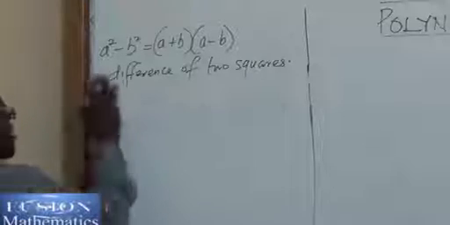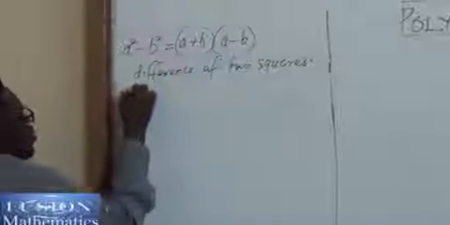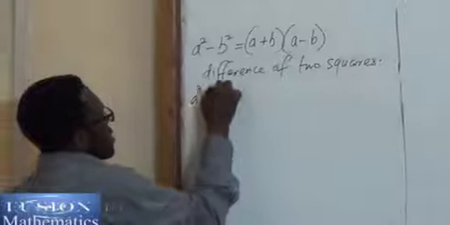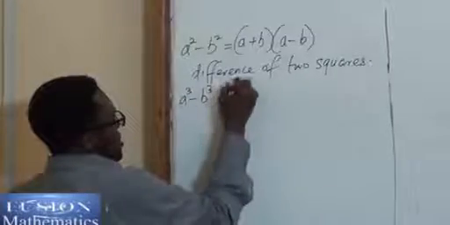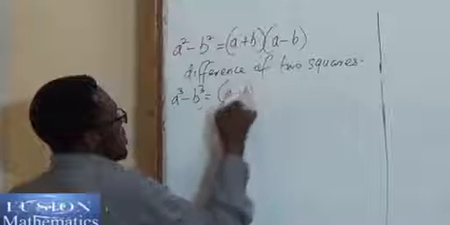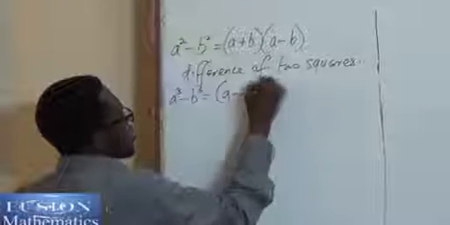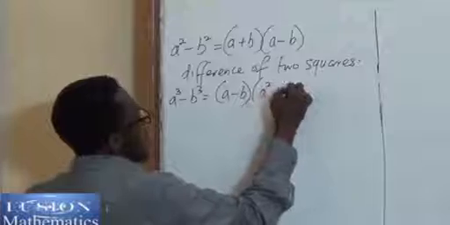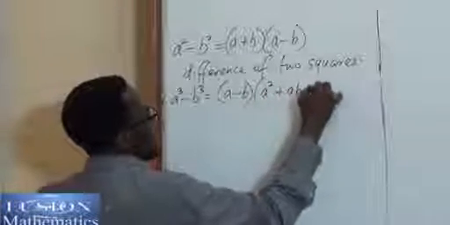If you see another one like this, a cubed minus b cubed, this means a minus b bracket a squared plus ab plus b squared.